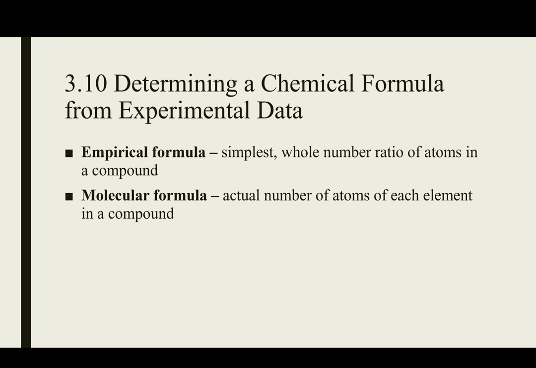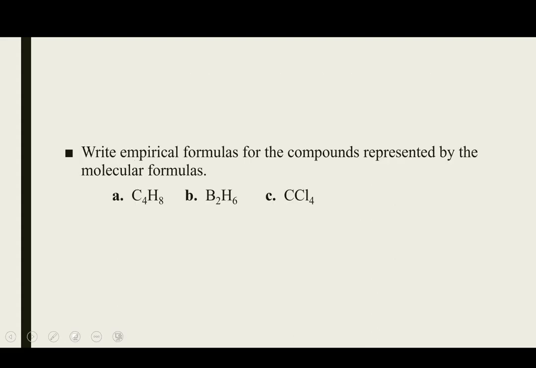Let's say my molecular formula for propane is C3H8. So propane actually has 3 carbons and 8 hydrogens. That's also the simplest ratio. So that serves as both an empirical and a molecular formula. So we're going to write empirical formulas for the compounds represented by the molecular formulas. So again, all you're doing is lowest whole number ratio.